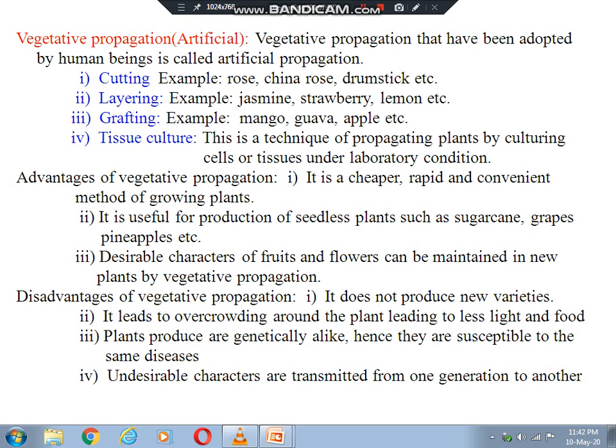You can grow some plants by using layering method. So tissue culture is not possible, grafting is a little difficult for you. So some methods can easily be used by you at home and grow some plants. I hope you will grow some plants by using at least some kinds of vegetative propagation or asexual mode of reproduction.